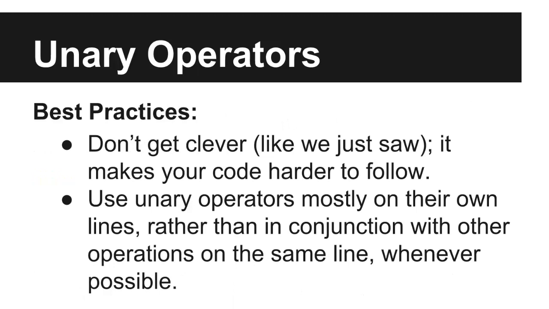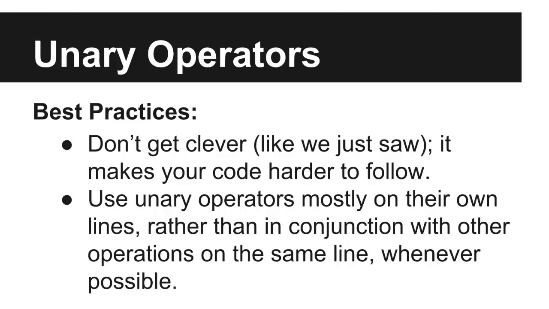So with unary operators, in terms of some best practices, the thing that I'm going to suggest is don't get clever. Don't put your unary operators inside of if statements, don't put them inside of loop conditions, don't put them inside of more complicated math unless you absolutely have to. And the number of times that you absolutely have to is going to be remarkably close to 0.